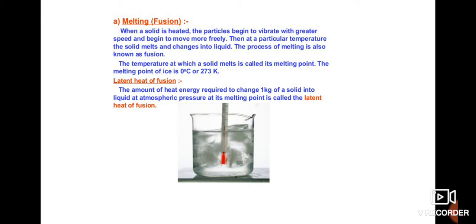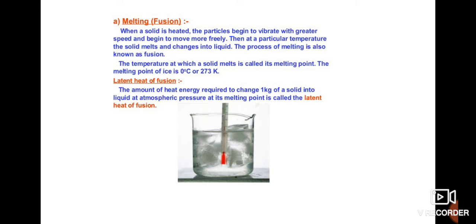Now here we introduce you to a term called melting or fusion. It is a process by which a solid is converted into the liquid state by heating. The temperature at which a solid is going to melt is called its melting point. The melting point will determine how strong the force of attraction between the particles is. A simple example: the melting point of ice is 0 degree Celsius or 273 Kelvin.